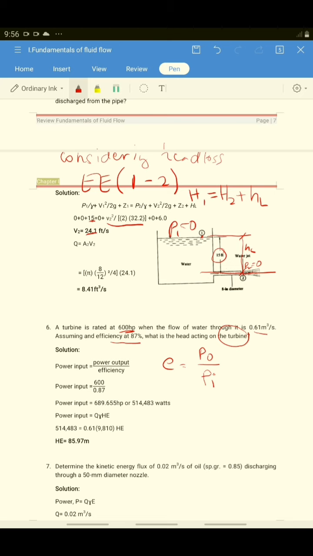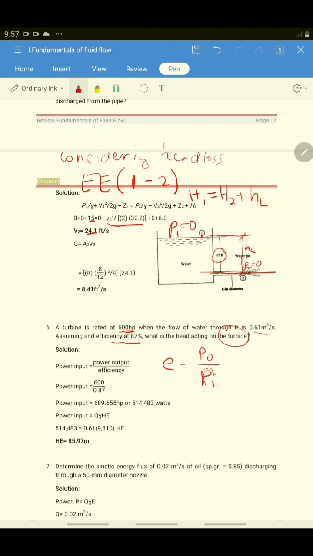So what is the head? What do you mean by the head acting on the turbine? You need to identify which power you are going to use, the power output or the power input. What is being asked here is the power input of that turbine, the input energy.